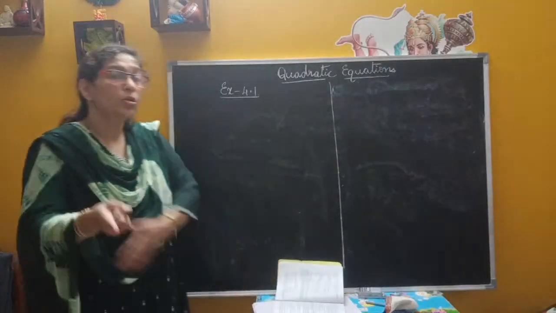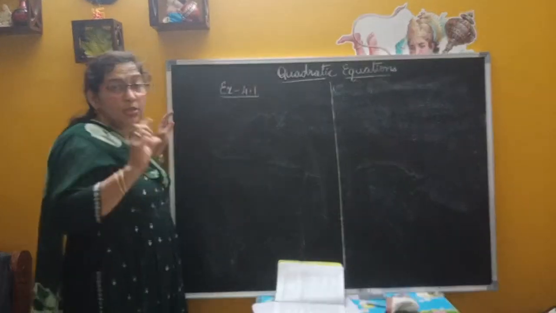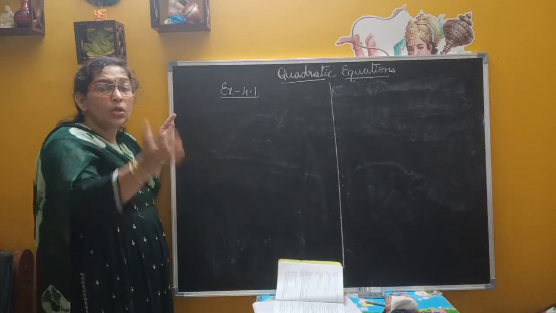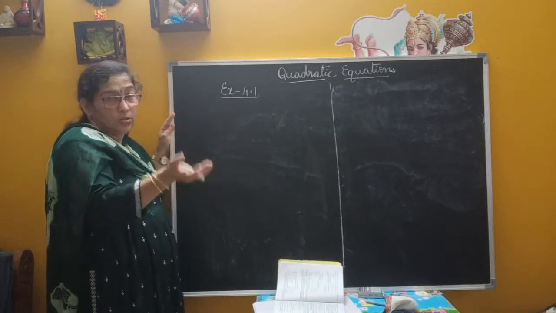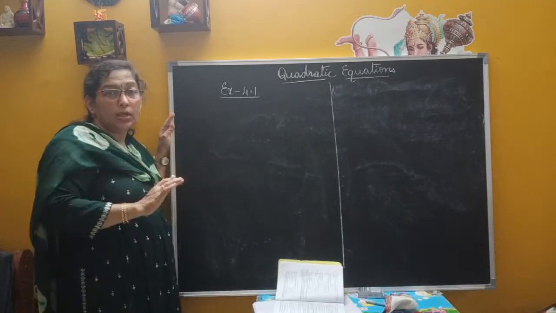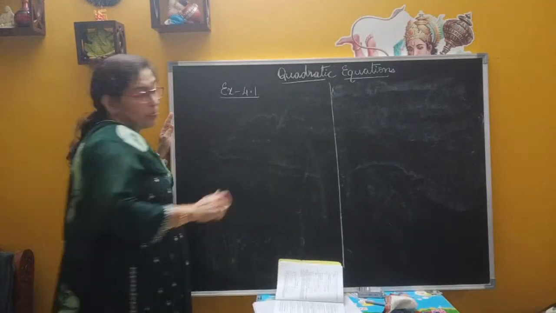So if we consider breadth, the smaller one, always take it as the unknown number. Then you can frame the second term using that x. x or y, whichever variable you want you can take, or even you can take L and B, that is also fine.